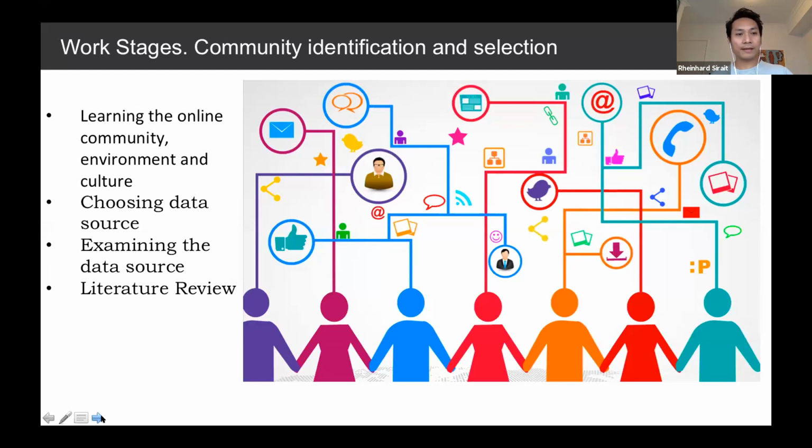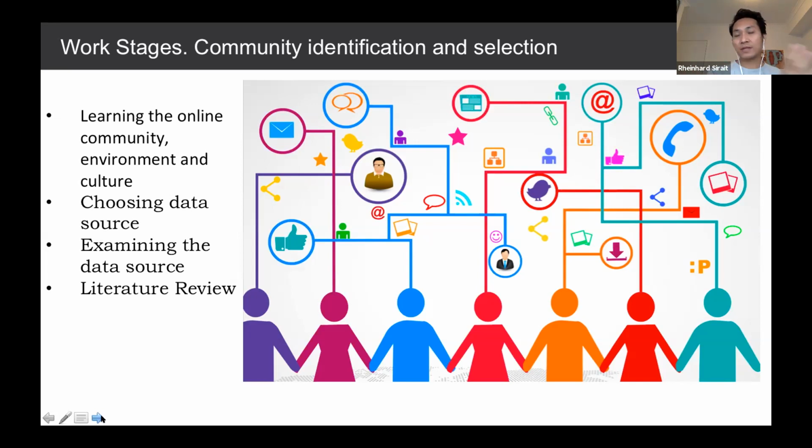And then, of course, after you examine your data resources, the most important thing is that you need to read what sort of literature is already out there, because a good research is one where you can put a new space for other academic works.